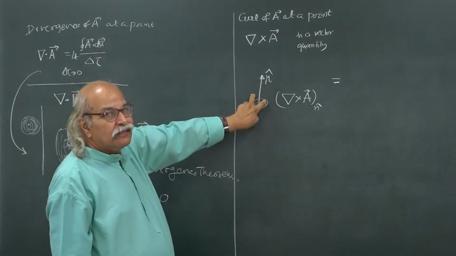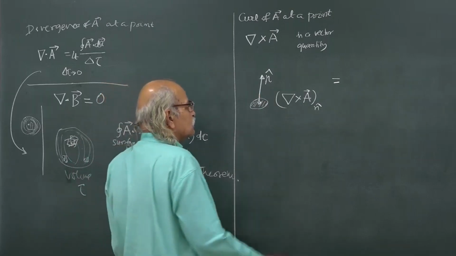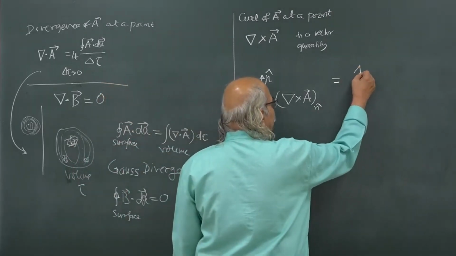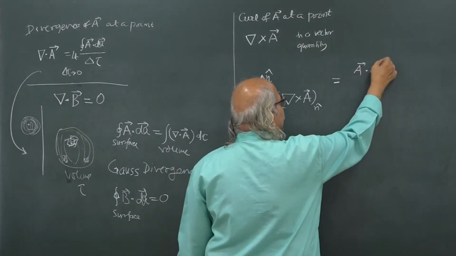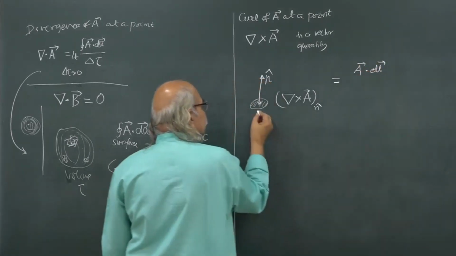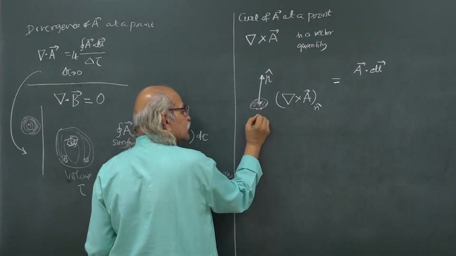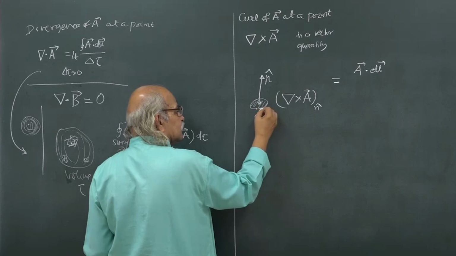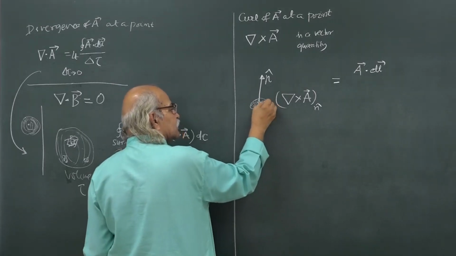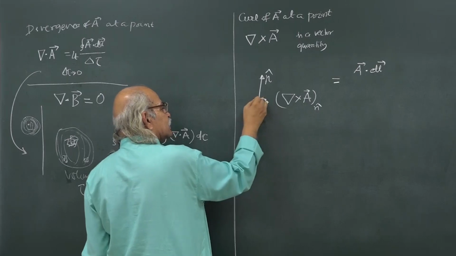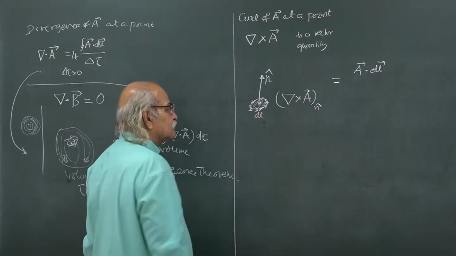It is a small loop, and on that loop you construct this quantity A dot dl. What is dl? dl is an element of length on this loop. This is dl here, and here, and here, all along the loop.